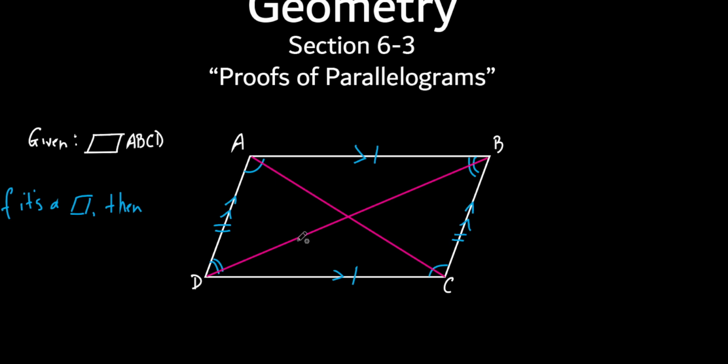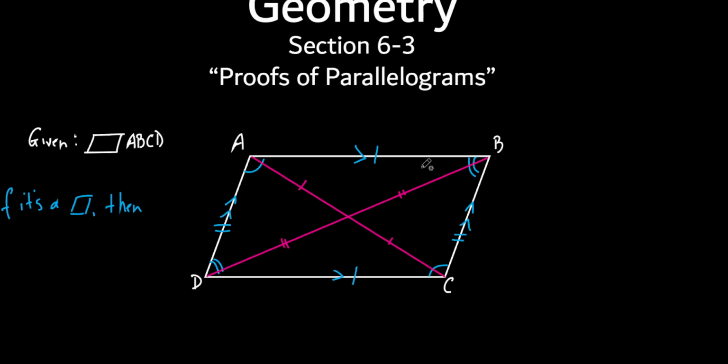So we know that the diagonals bisect each other, which means that, I'll just put this in pink, okay? So this tick mark and this tick mark, that doesn't mean they're the same. It's just a different color. I just don't want to write down like 15 different tick marks, okay? So this one and this one would equal each other because it's bisected, and this one and this one equal each other because they're bisected.